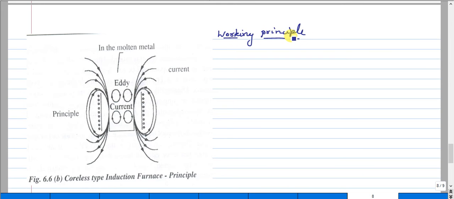Now you can notice what this eddy current is, what will happen when the current is supplied to the primary coil. In this sketch, the copper coil which I am highlighting acts as a primary circuit where you will supply the current.